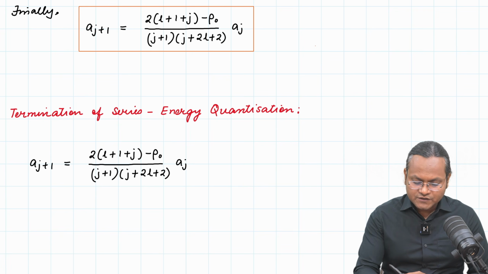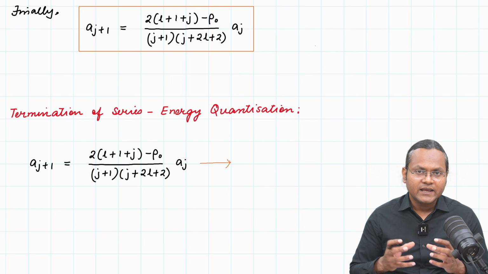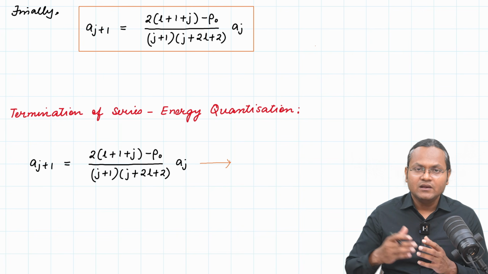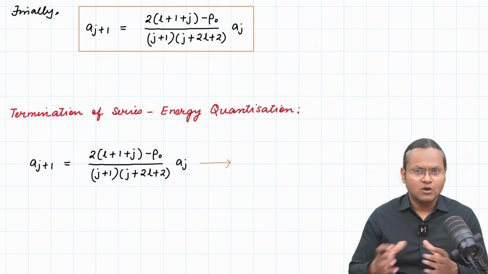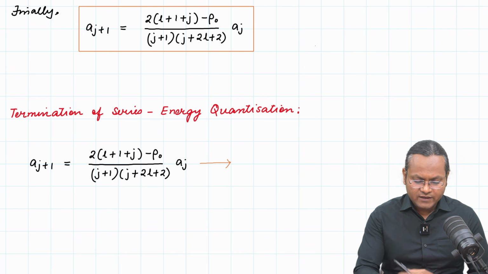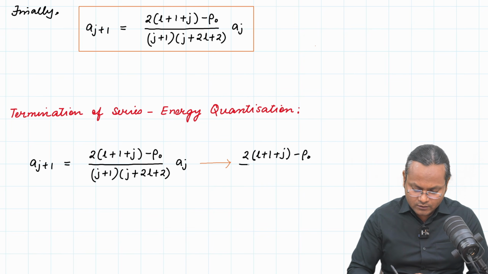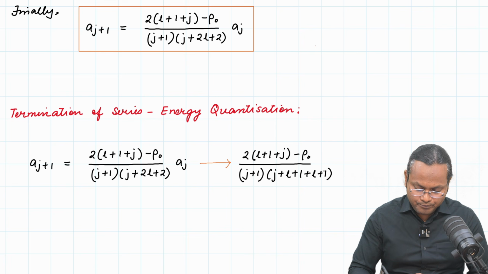So if I can make an approximation here, because all I'm interested in at this moment is a qualitative idea about whether the function at very large values of j blows up or not, because that is an important criterion in quantum mechanics, then the recursion formula will simplify for very large j into something like 2(j+l+1) minus rho naught upon (j+1)(j+l+1+l+1).